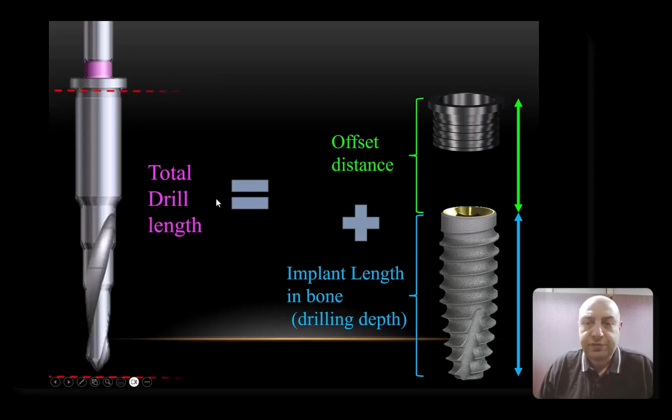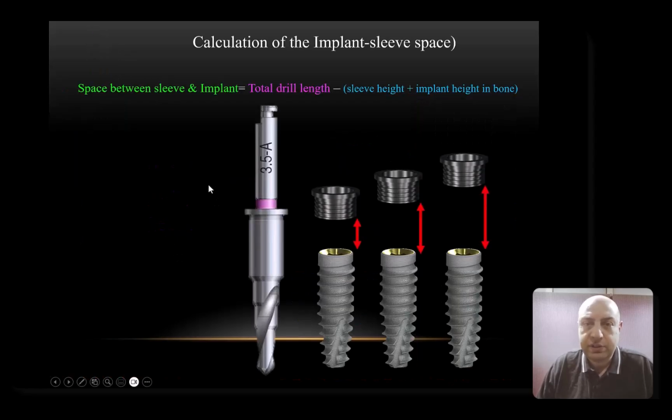So the offset distance equals the total drill length minus the total depth in bone, including the implant and the submerged part. So if you're not going to submerge, the equation is as follows. You subtract the implant height from the drill height and you have your offset. If you have submerged, then you subtract the submerging value plus the implant height from the total length of the drill.